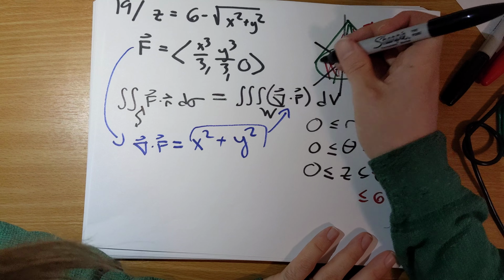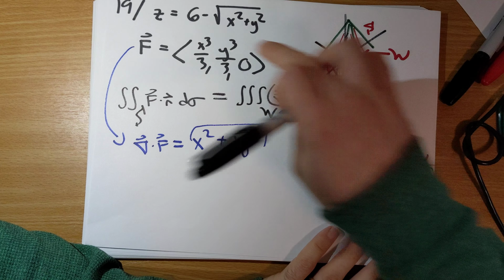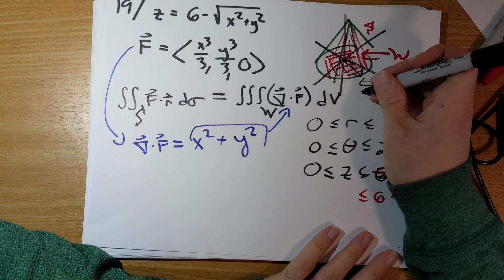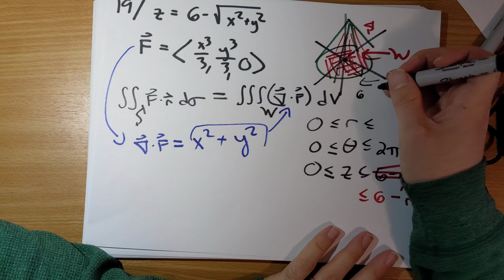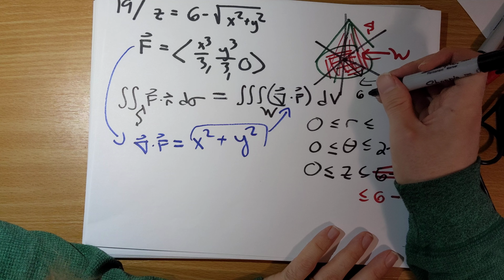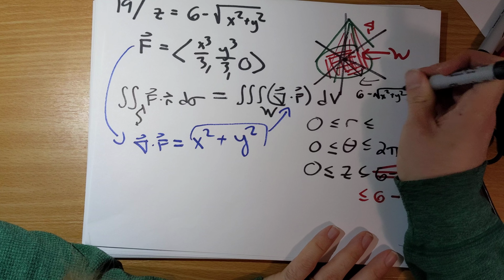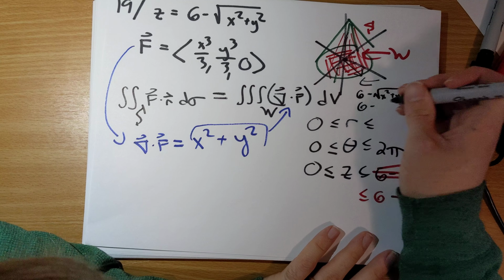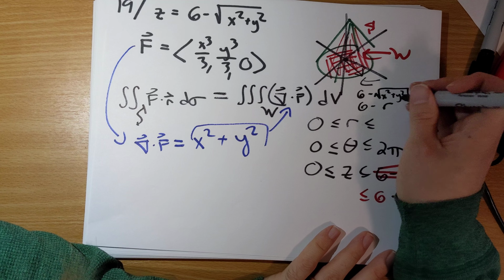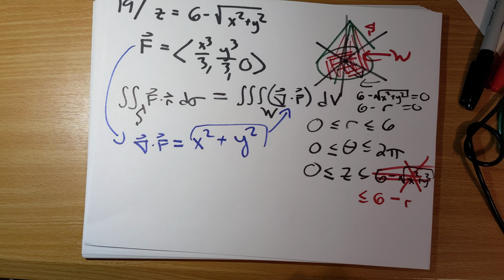This boundary curve is the intersection of z equals 6 minus the square root of x squared plus y squared with z equals 0. Solving this equation, the square root of x squared plus y squared is just r, so the biggest r can be is 6.